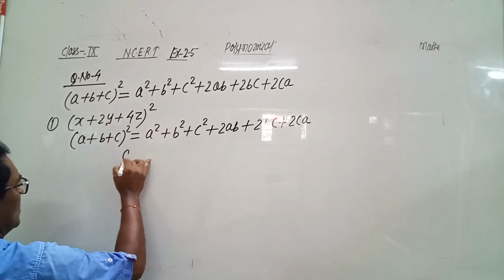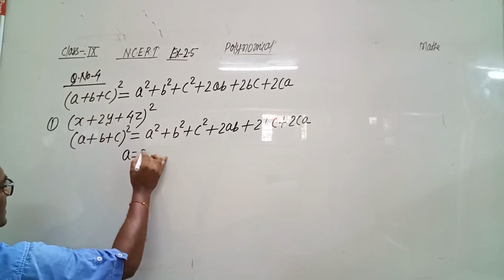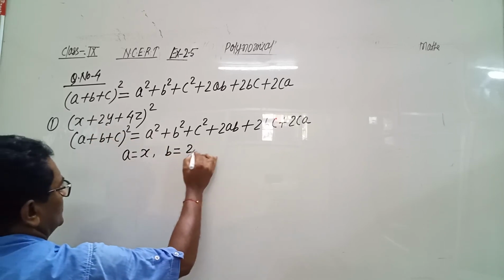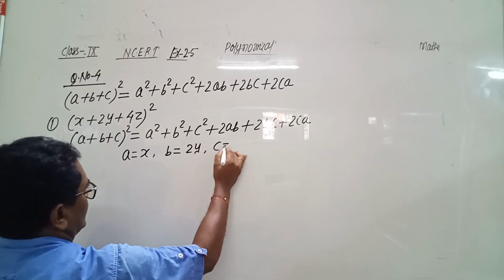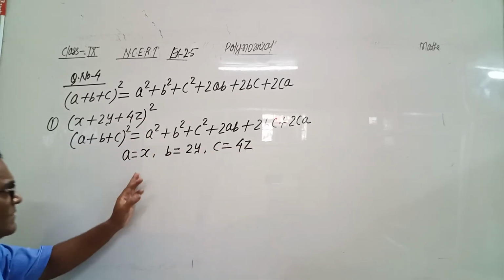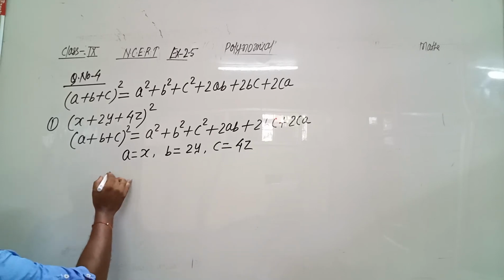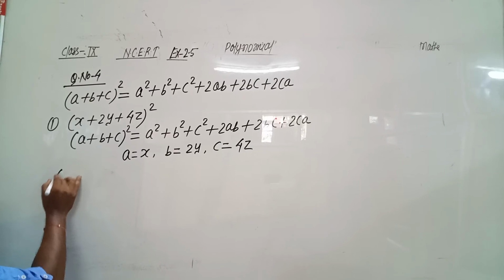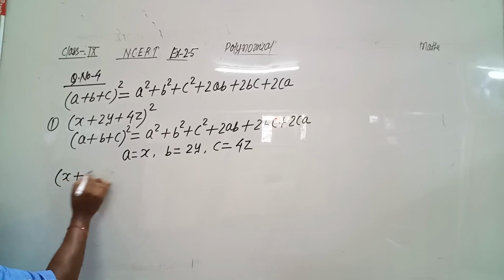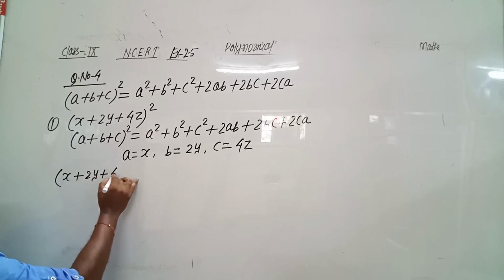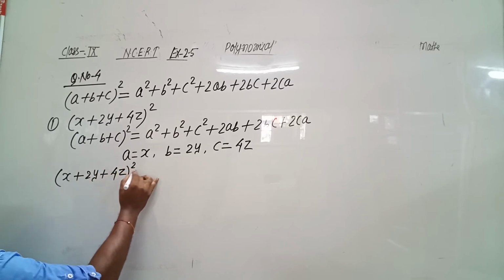And in our question at the place of a there is x, at the place of b there is 2y, and at the place of c we have 4z. So we put all the values.